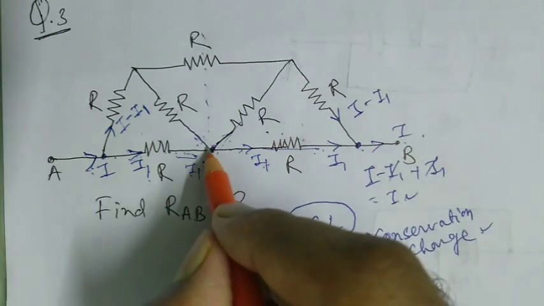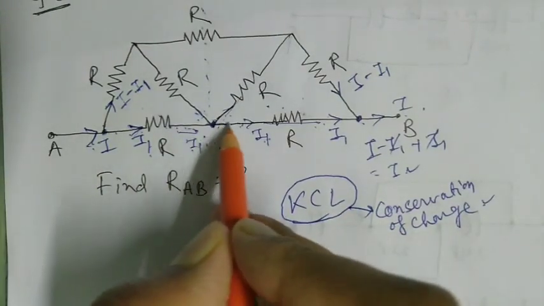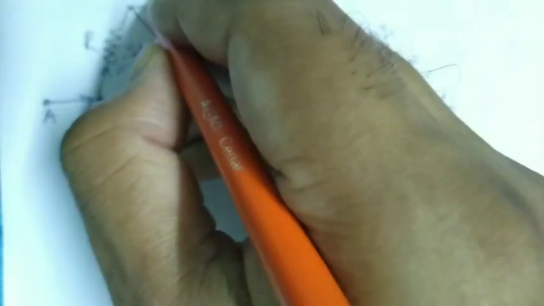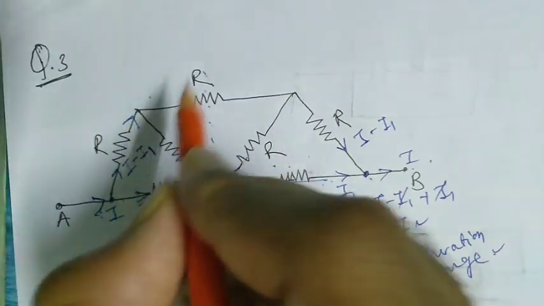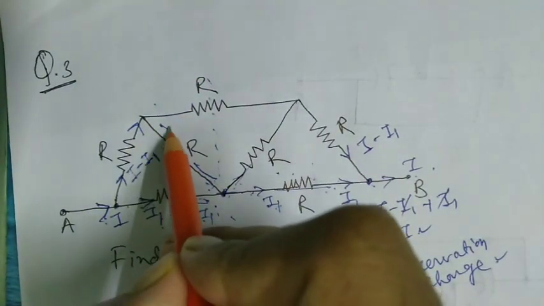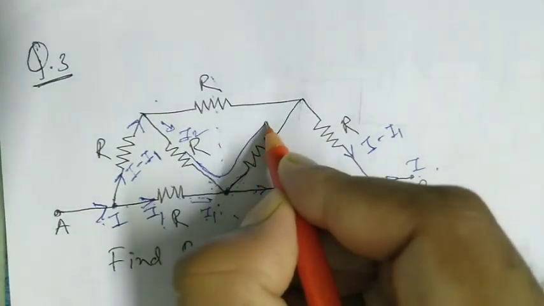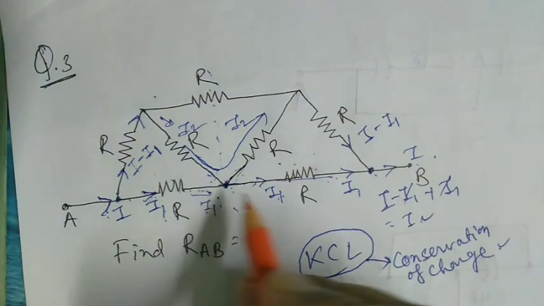Okay, so we can eliminate this node. Whatever current might have come here, after I minus I1, the current was here I minus I1. So if I2 current was flowing through this branch, that I2 has come and gone like this. No current has entered this node.